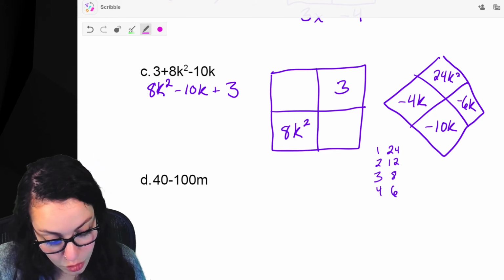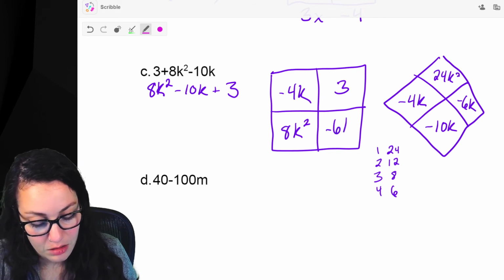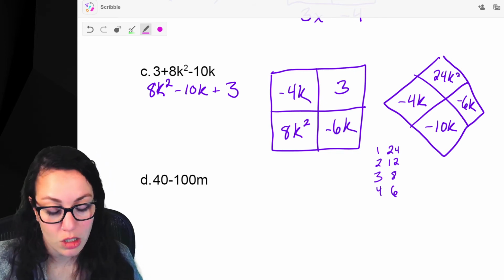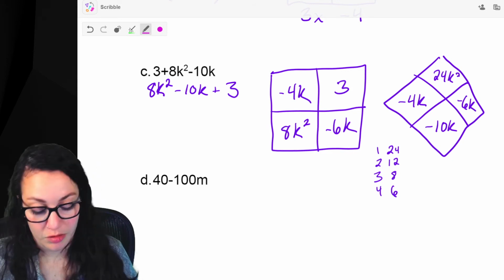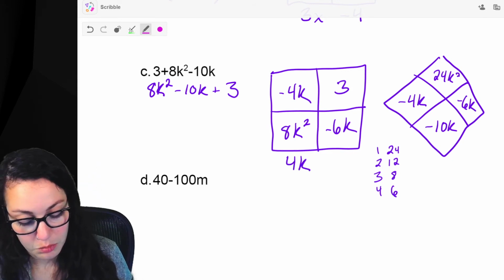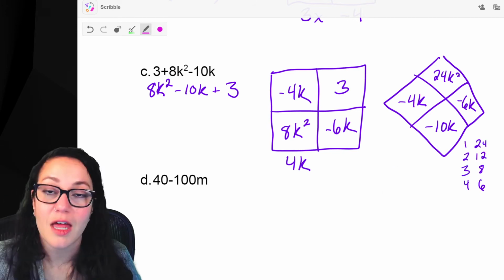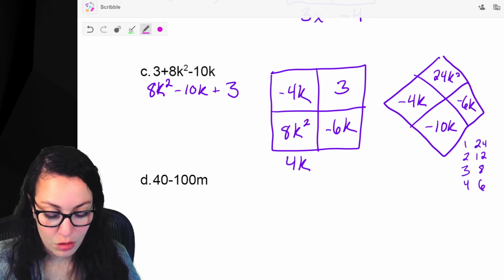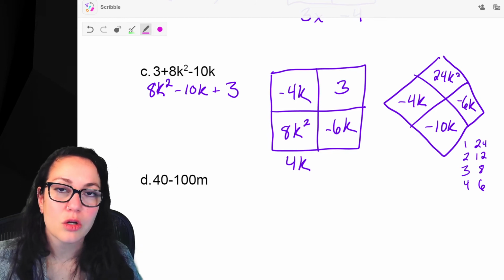Cool. So then we fill those in, negative 4k and negative 6k, and we go about our normal rows and columns business. 8k and 4k have a greatest common factor of 4k. Boom. Then negative 6k and 3 have a greatest common factor.